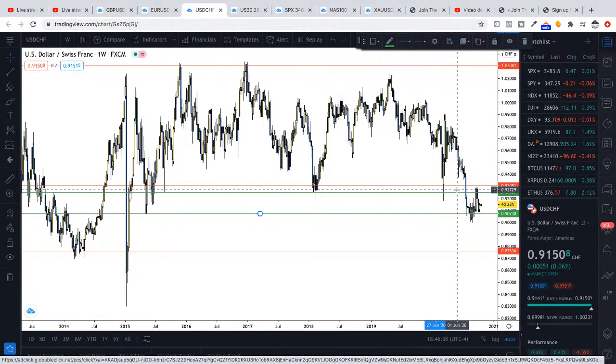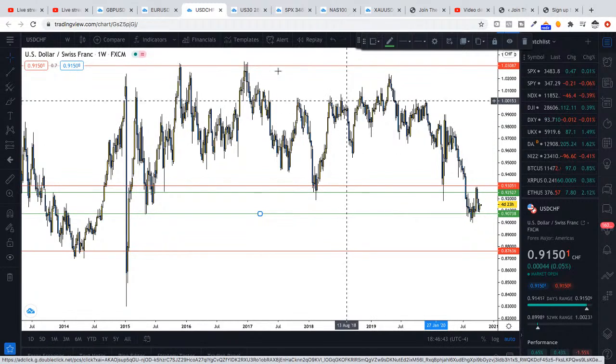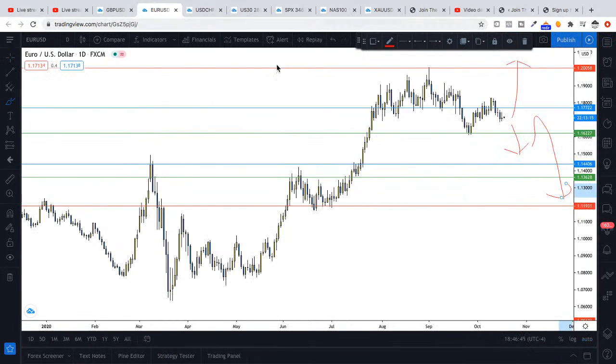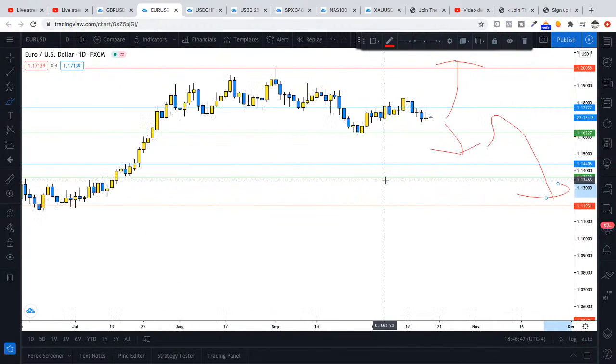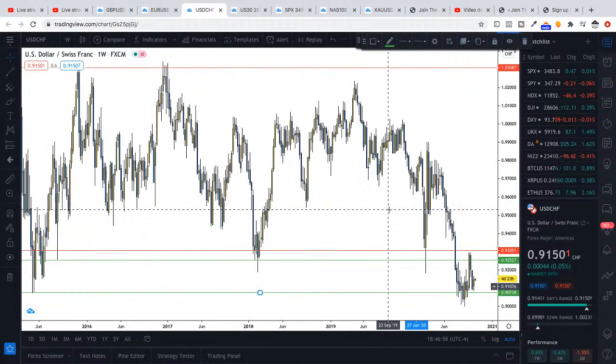Because if you really look at the market structure here, you take a good look at it, it almost kind of looks like the Euro USD on this. This is a weekly, that's a daily. Tripping, pardon me, guys.